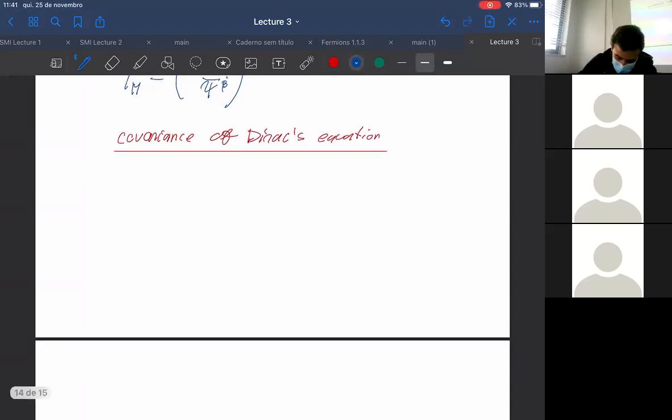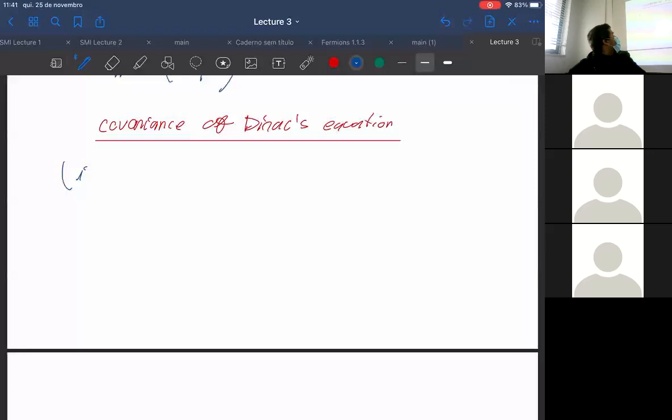So once again, we start with Dirac's equation. Let me just zoom in a little bit, provided that everyone can see it online. Gamma mu d nu minus m psi of x equal to 0.